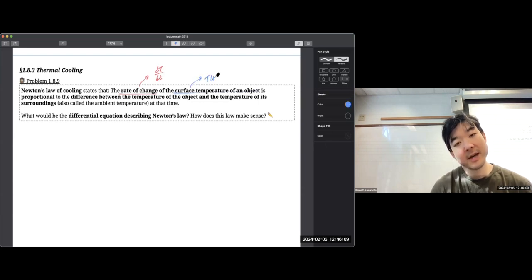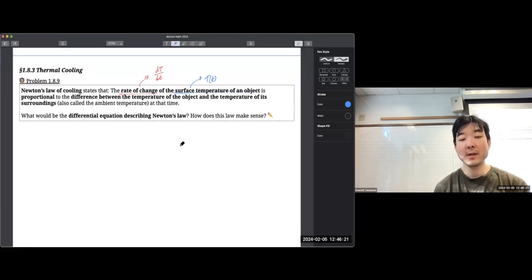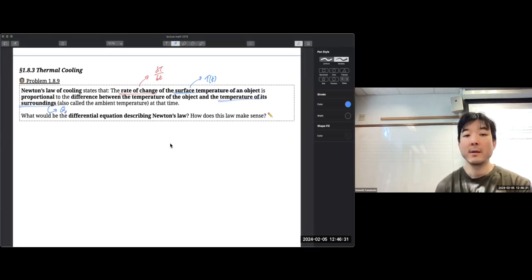Capital T as a function of time is technically the surface temperature, but we'll approximate that and just say it's the temperature of the object. And the temperature of its surroundings, the book likes to use this symbol, a big Q with a little 0, Q naught.